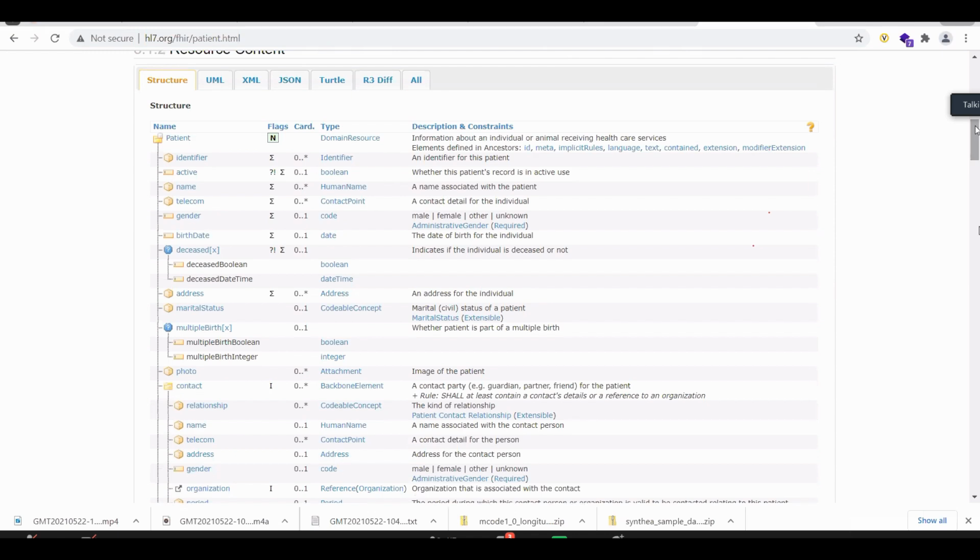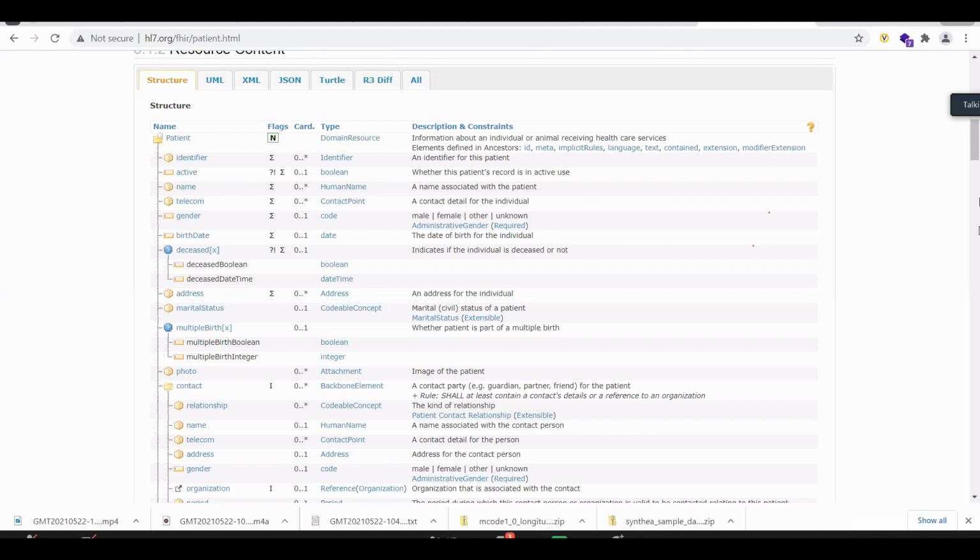So when you are implementing or designing an application, the choice operator is important, because in that case, you can use only one of the several values that are listed. Similarly, in multiple birth, either you can say yes, there are multiple births, or you can give the order in which the birth happened.